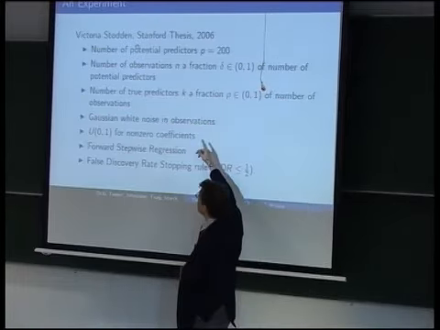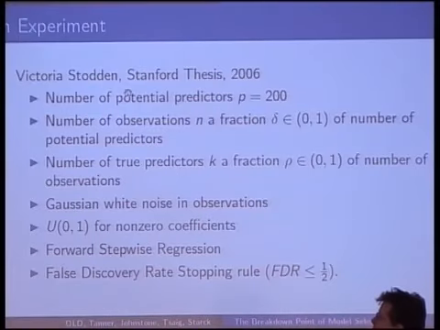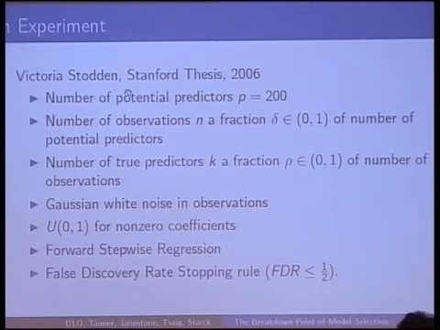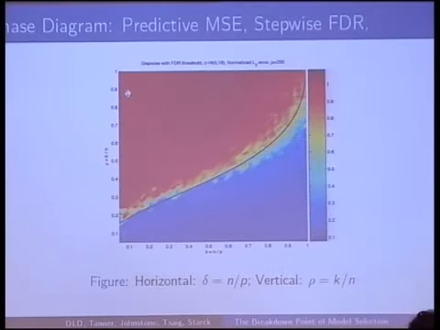In each case, we're going to have Gaussian white noise in the observations and choose the non-zero coefficients to be uniform distributed. We'll do forward stepwise regression and stop with false discovery rate at 1/2, which is a rule that we could discuss, but it's just a particular way of saying when we think the model's big enough and there's not much reason to proceed.